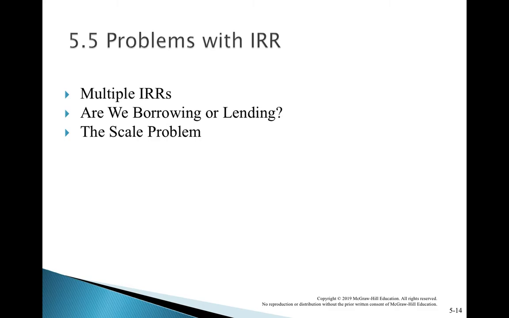Scale problem. Scale problem means, for example, a 50% return on $1 is less than a 10% return on $100. A 50% return on $1 is equal to 50 cents.